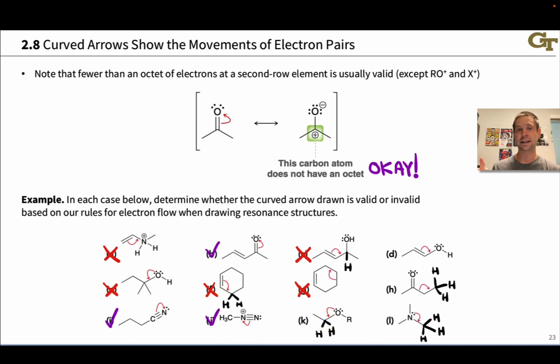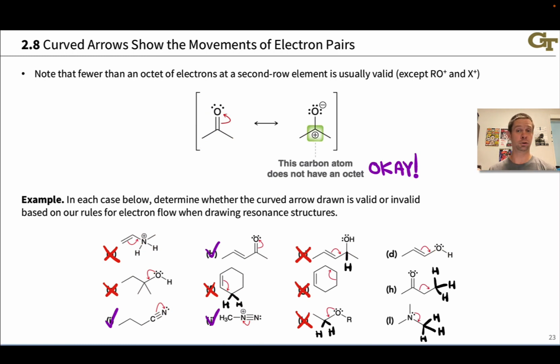And with all of these problematic electron flows, I encourage you to actually draw out what the arrow is implying and make sure you understand why that structure you're drawing is not a valid Lewis structure or is a non-significant resonance contributor. So K, invalid. D is an interesting one where this oxygen has 2 lone pairs and 2 single bonds. And so it is actually saturated, right?